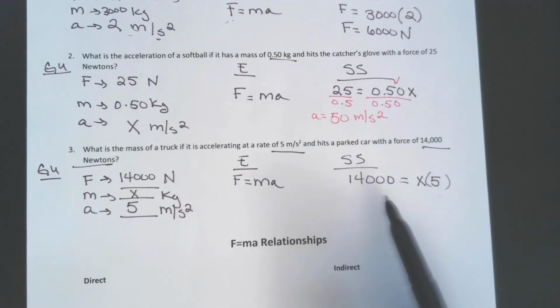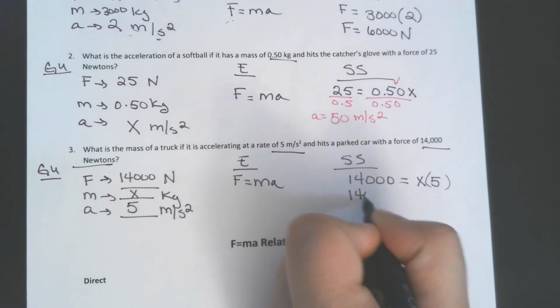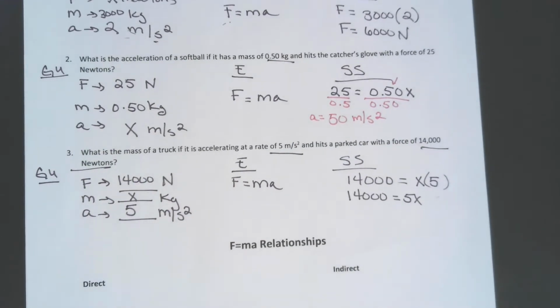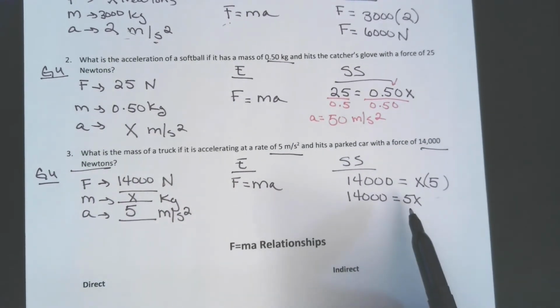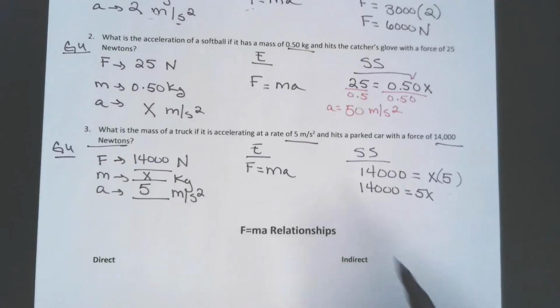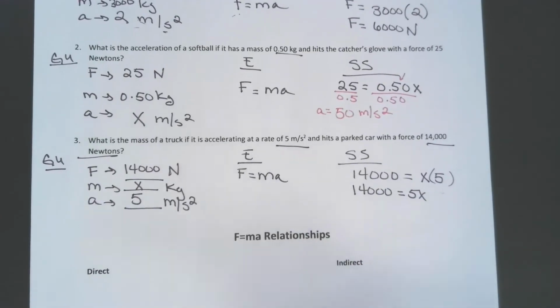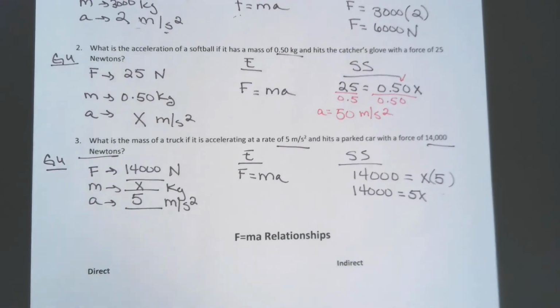This sometimes confuses students. This is the same as 14,000 equals 5x. There is no difference here because of the multiplication property, you can multiply numbers in any order as long as it's all multiplying. So 5x, and then it becomes the same problem as up above.